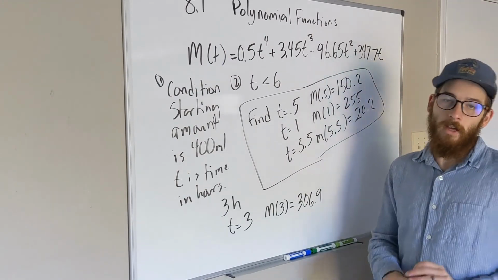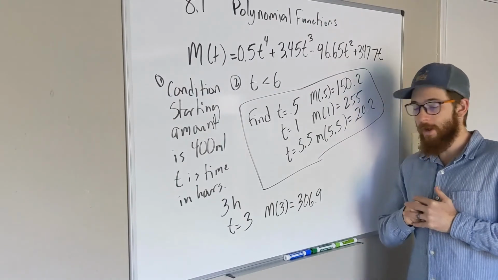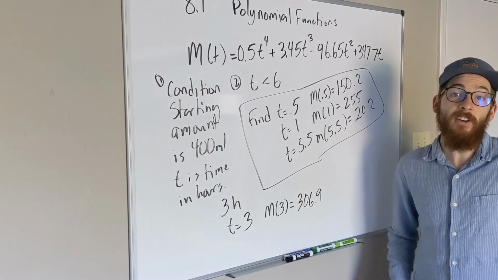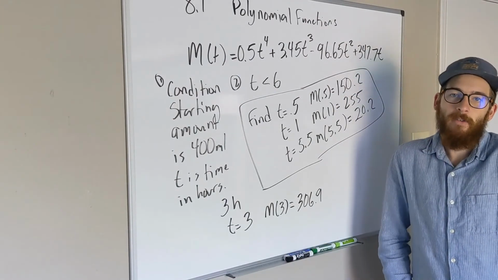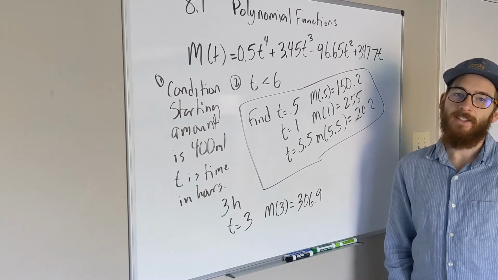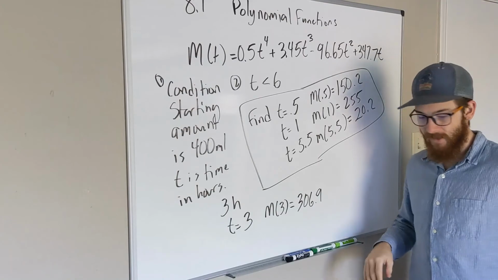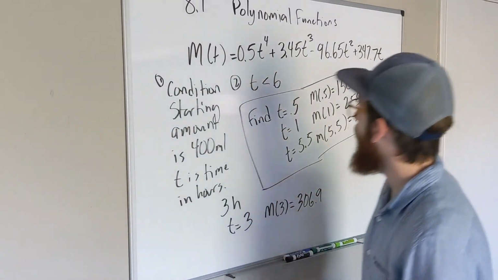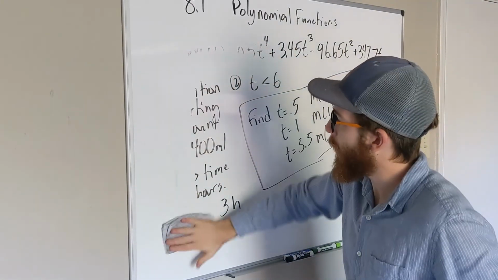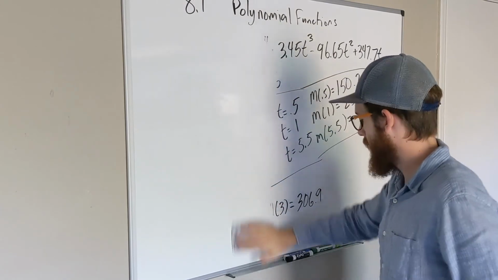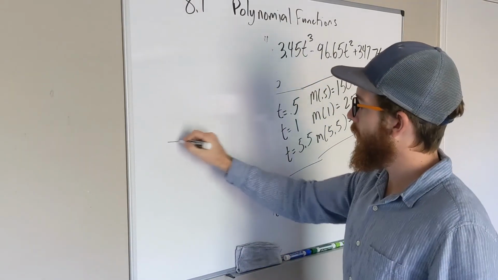And so polynomial functions are great for modeling as long as the model fits the data. There are a lot of examples out there where there's data scattered everywhere on a graph. I'll make one real quick.